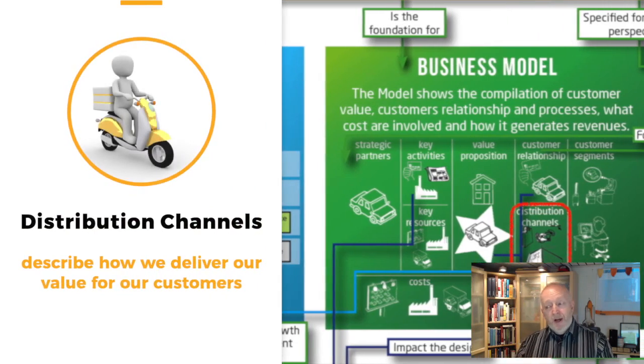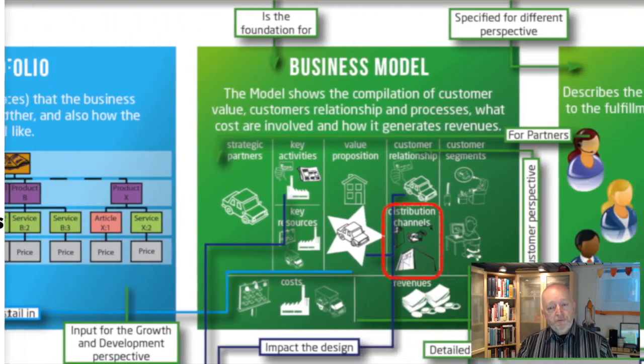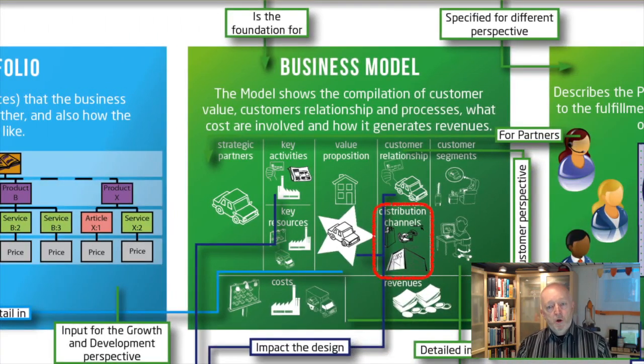So you need to understand if you're going to have a store, if you're going to be online, if you're going to visit them at their site, or all of them. So find these channels that you want to use to work with your clients, your customers. How are you going to deliver the value? You know what value, you know what clients you have, but how are you going to deliver it?